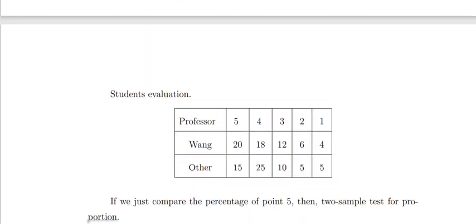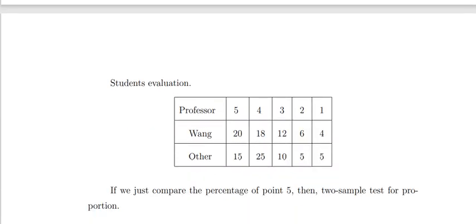For example, a student evaluation. By the way, at the end of the semester, you are supposed to give your teacher a teaching evaluation, right? And you should also give me your evaluation, right?